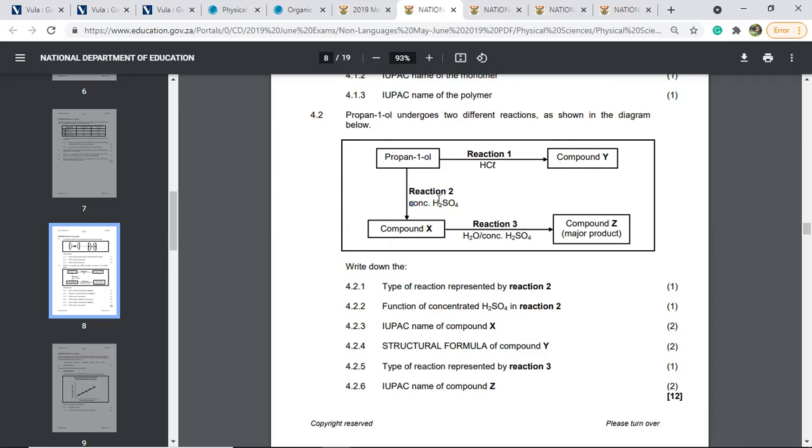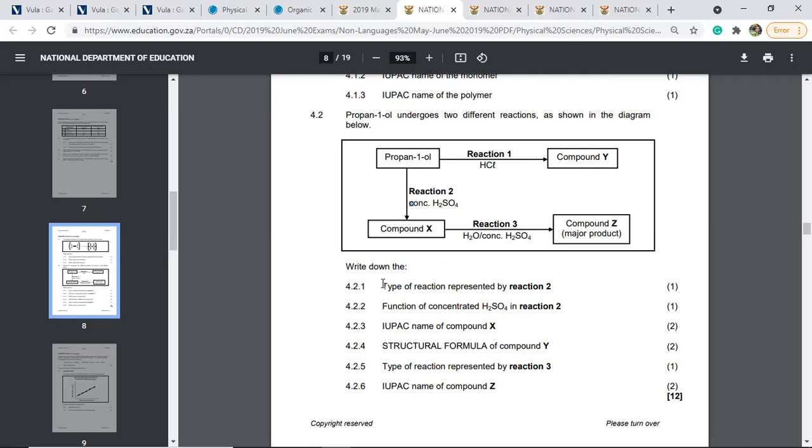The sulfuric acid acts as a catalyst. A catalyst is a substance that speeds up a reaction. It removes the water molecules, serving as a dehydrating agent, which is why one of the products we get is water.